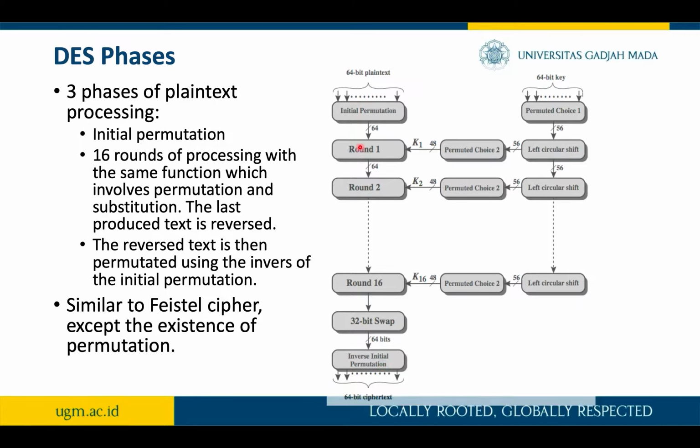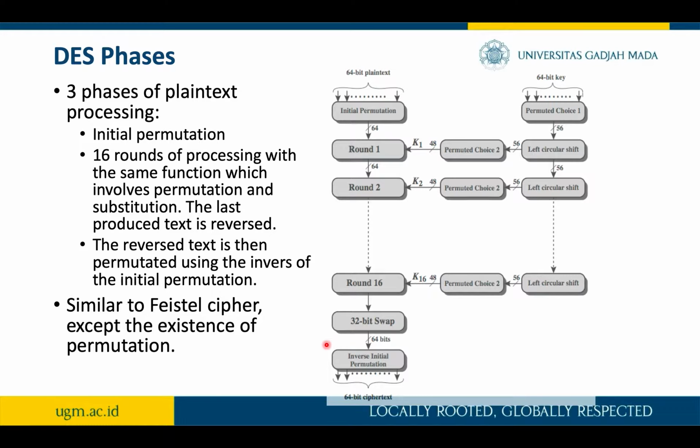The first time we process the plain text, we use the initial permutation. The last time, we use the inverse of the initial permutation table, so it looks like we put the bits back into the original positions.